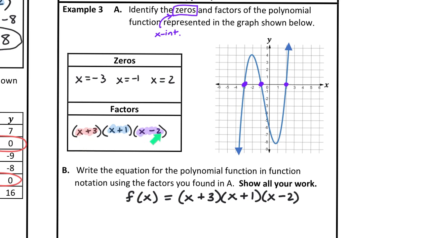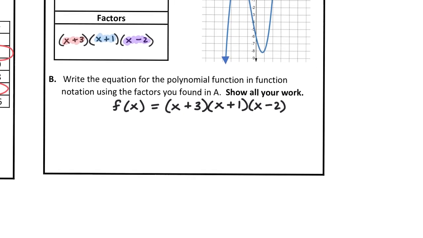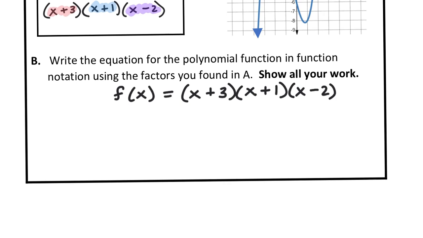I'm just copying the factors that we got there and writing them out as follows. And so we're just going to multiply out. So let me zoom into B so we can focus on B.